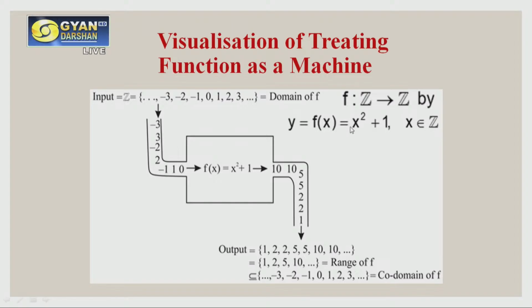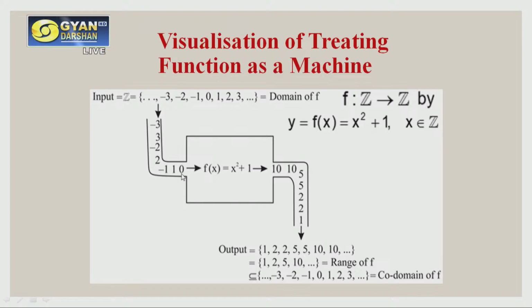And what function have we defined? This function takes the input x and gives x squared plus 1. So if my input is 0, the function squares 0, which is 0, then plus 1, so I get output 1.